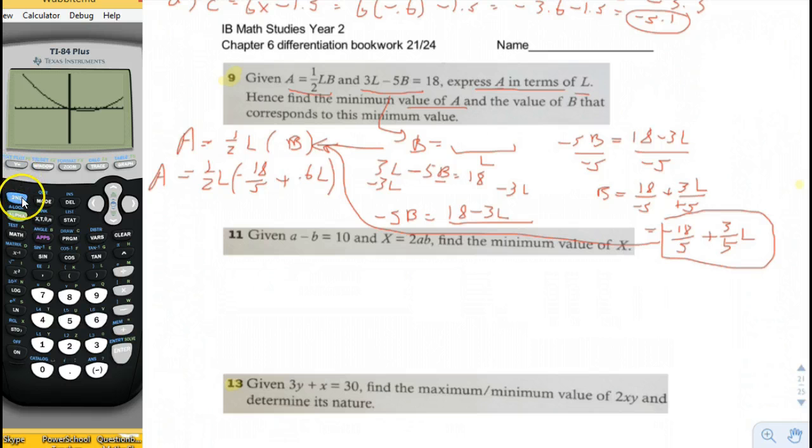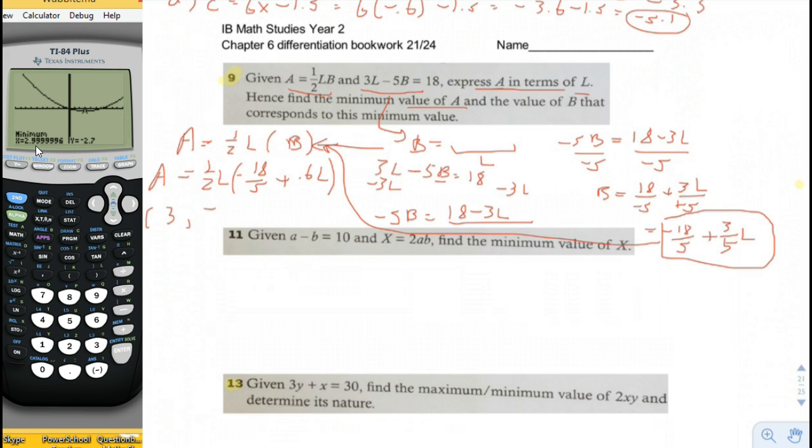So let's do second calc because we want to know where the minimum is. And we'll say minimum, and the left boundary is there, and the right boundary will be slightly to the right. And then we'll guess. And it'll tell us that the minimum coordinate point is 3, negative 2.7.